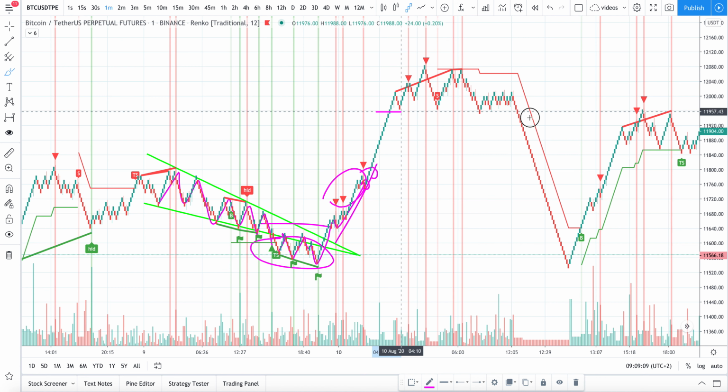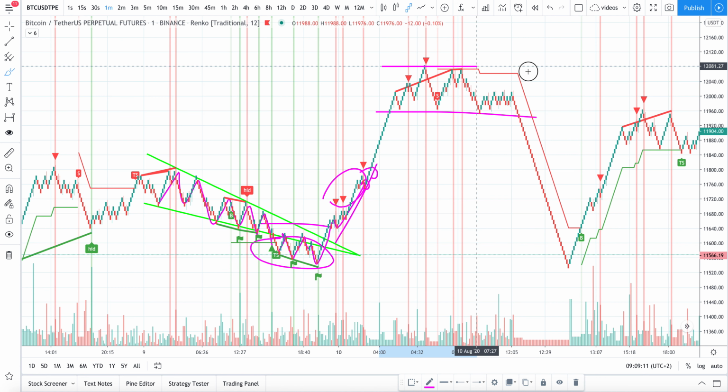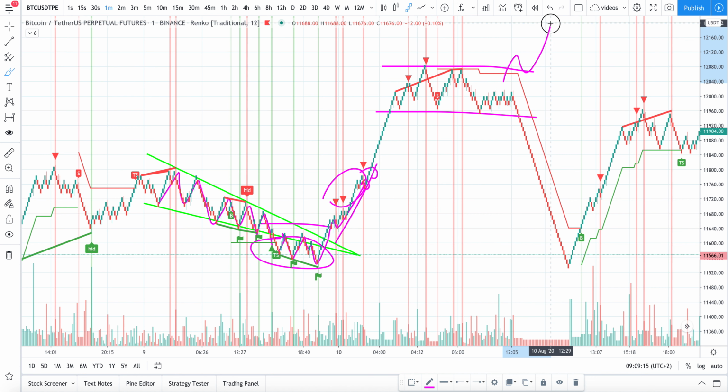Okay, then there is this consolidation channel, and you go long on a close over with retest, or you short here. Okay, for example on retest or a breakout.